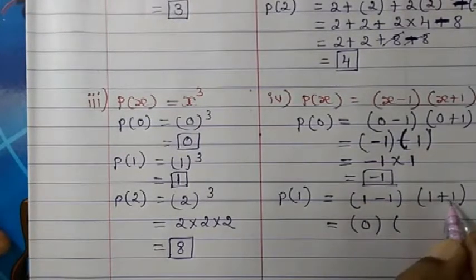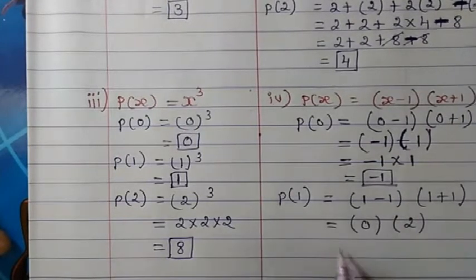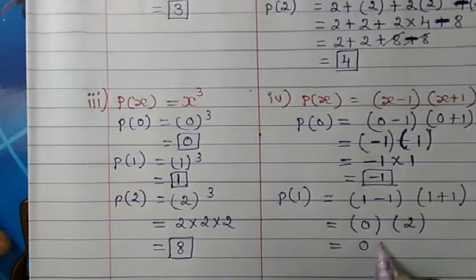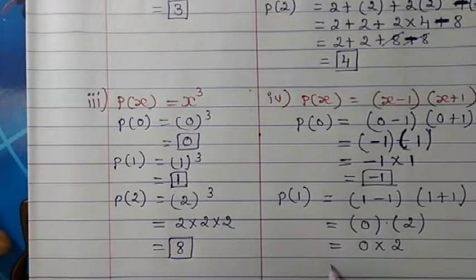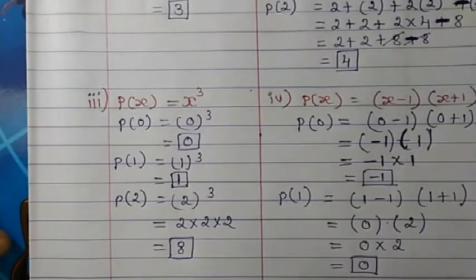And plus 1 and plus 1 will be 2. Now this is 0 multiplied by 2, because inside the bracket the meaning is multiplication. When you multiply 0 with any number we will get 0.